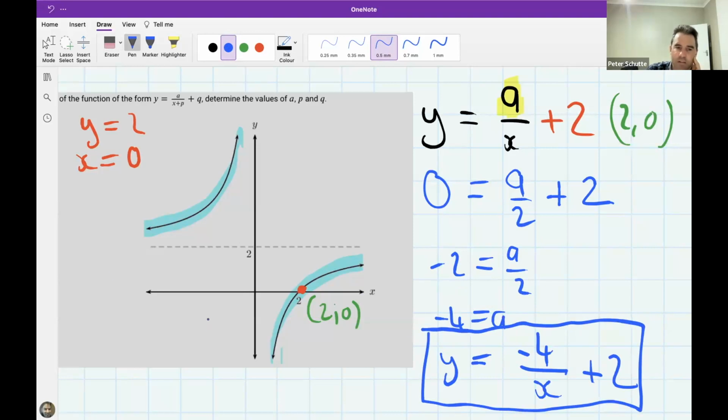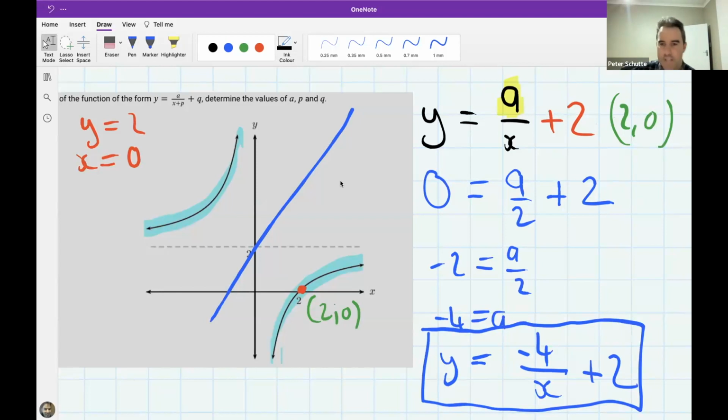Now, I want my positive axis of symmetry. I want that line. I want you to figure that out for me. Michaela, wouldn't p be minus 2? Ooh.